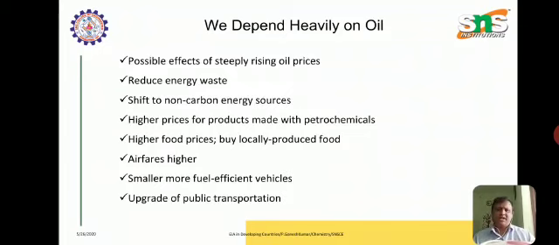Air fares are higher. Fuel efficiency will become more important. Upgrading public transport is required because old vehicles go on consuming a lot of fuel and increasing the pollution.